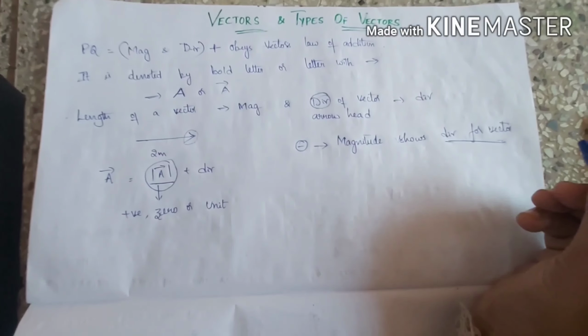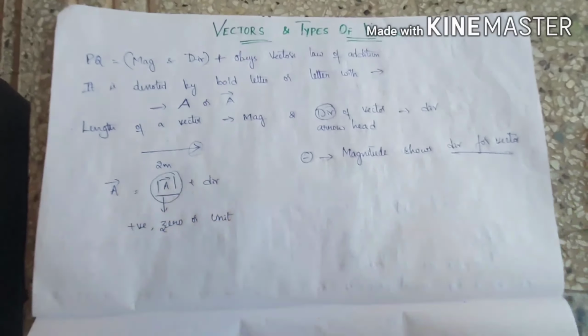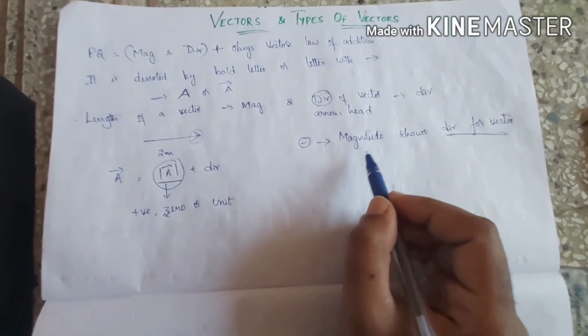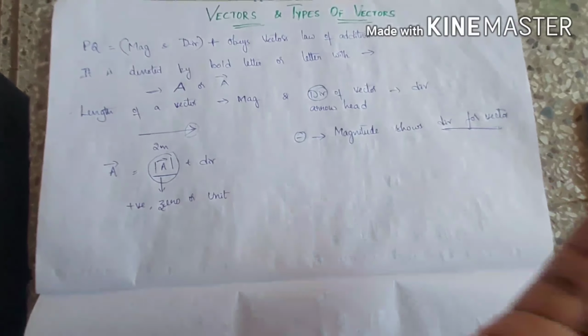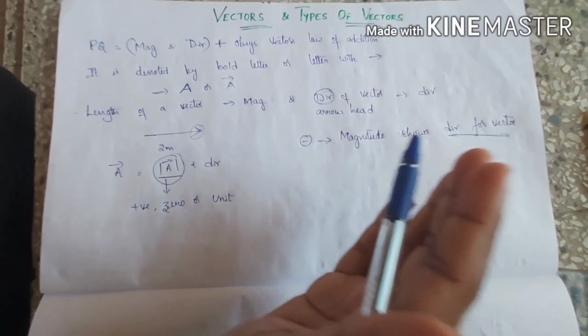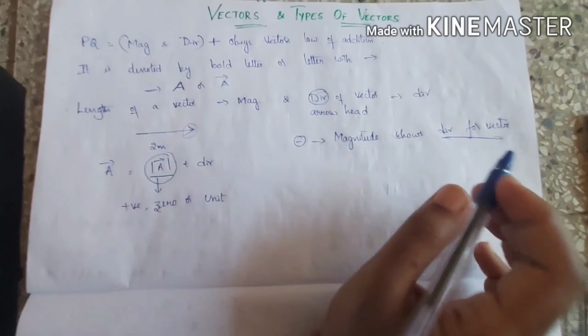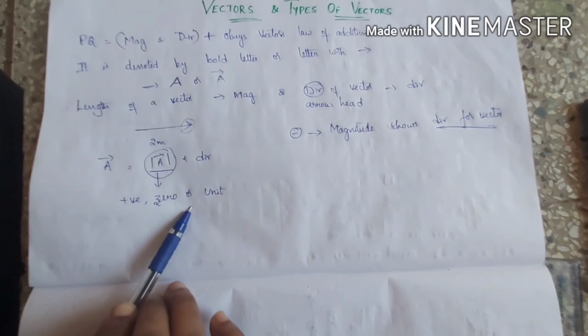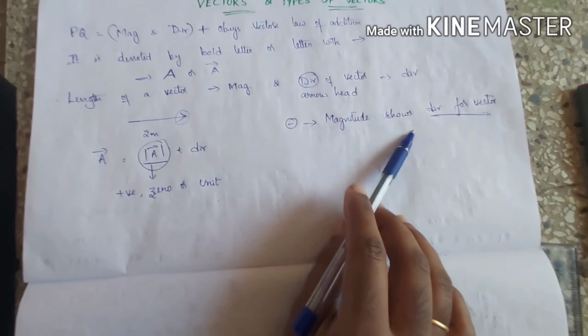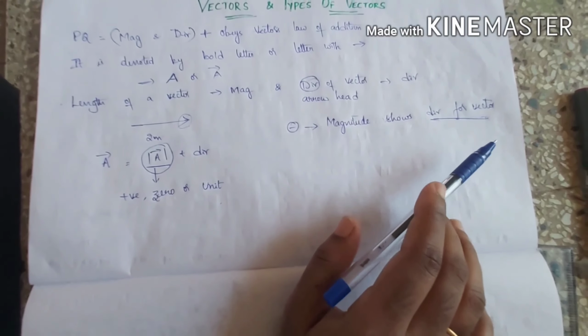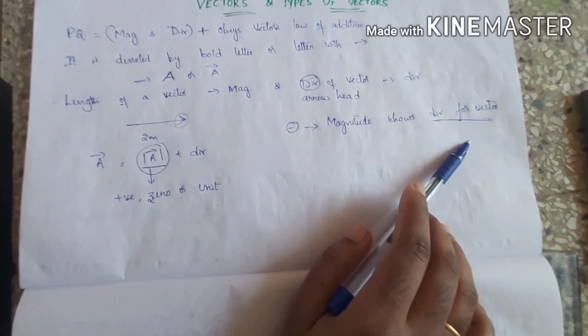So in order to avoid that confusion, if you are having a negative magnitude, we'll always go for the direction itself. So a vector will always have its magnitude either positive, 0 or unit, but it can never go negative. This is a very important point when you are learning about vectors.